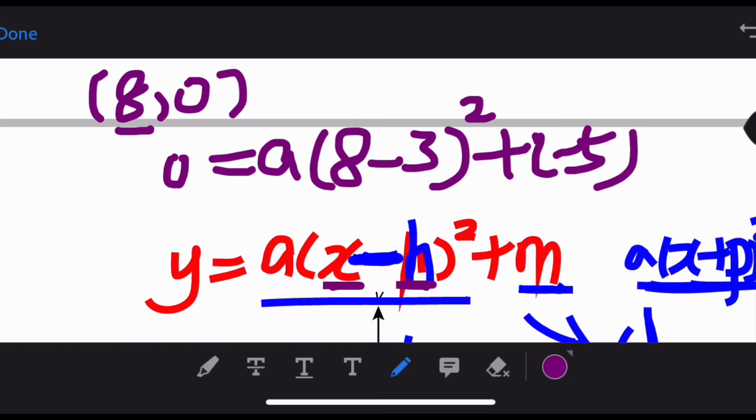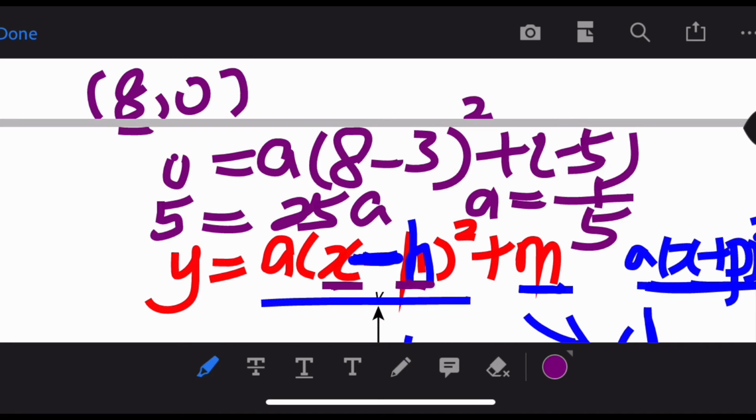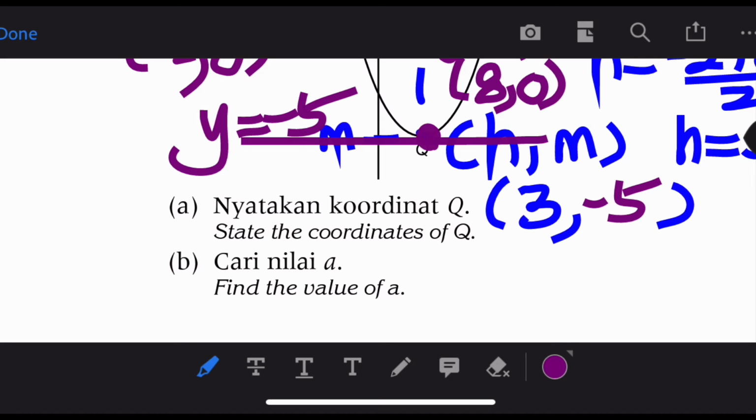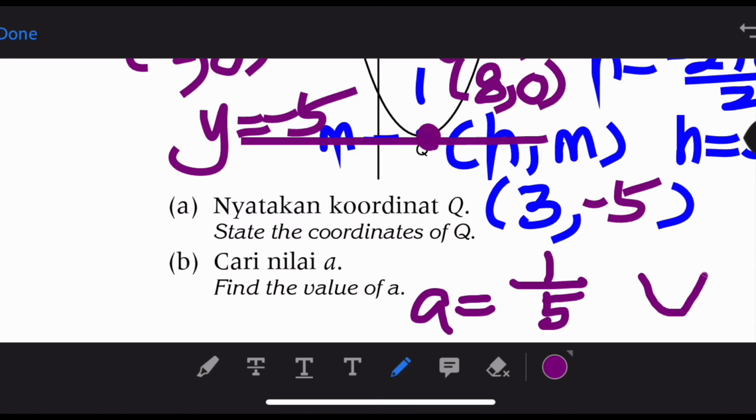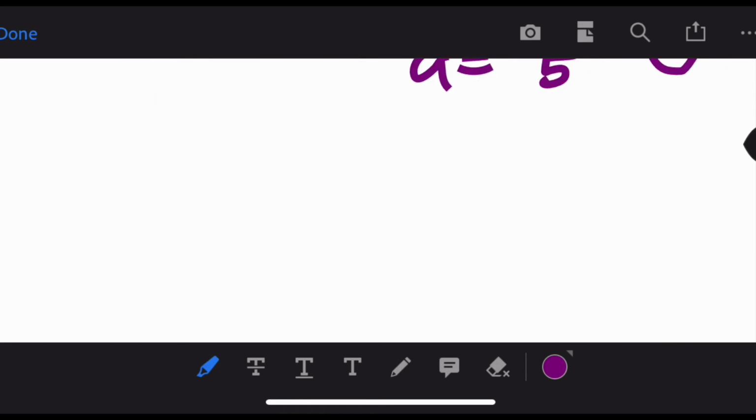Okay, so let's bring the 5 over. This is 5, 25, 8. So a is 1 over 5. Yes, it is right because this is a positive value and it should be a U shape, right? Okay, that's how you find the coefficient a.